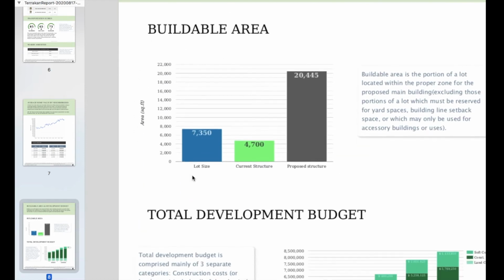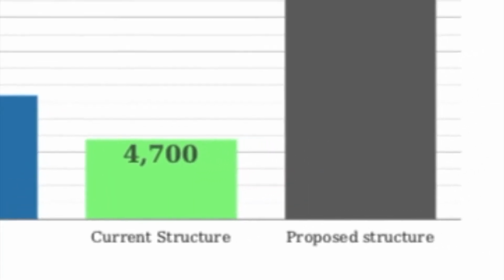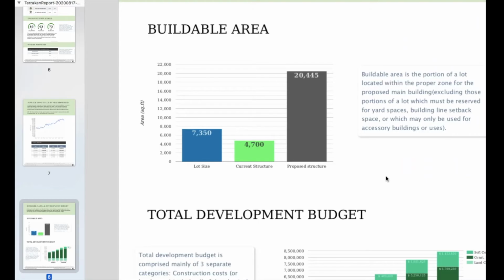Take note of the difference between the current structure bar and the proposed structure bar on the graph. This represents how underbuilt the property is and shows you what kind of potential exists to add value. For this particular address, you can see that we can build up to 20,445 square feet. That's an increase of 15,745 square feet over the existing structure.